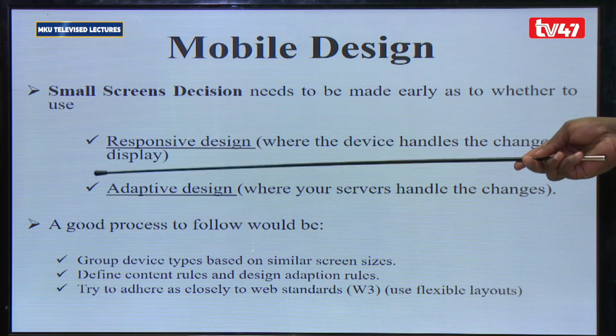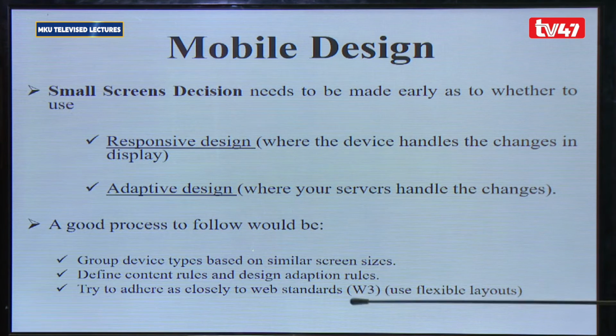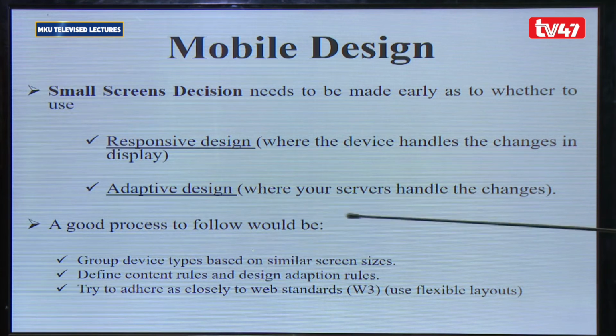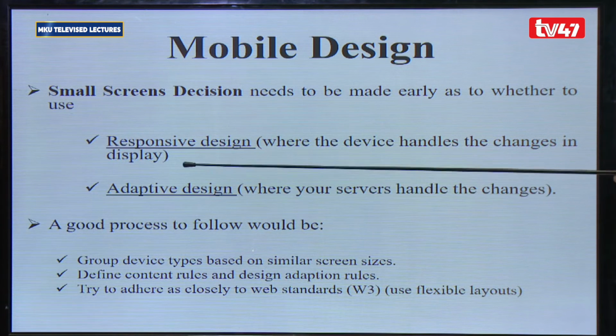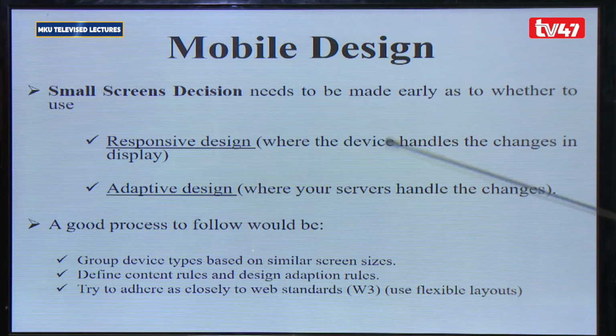The first design is called responsive design, where the devices handle the changes on display, right? So when you're making the design, you can decide that your application will be responsive so that the device handles the changes on display. When a user displays the app on a specific mobile phone, it will respond to the environment.